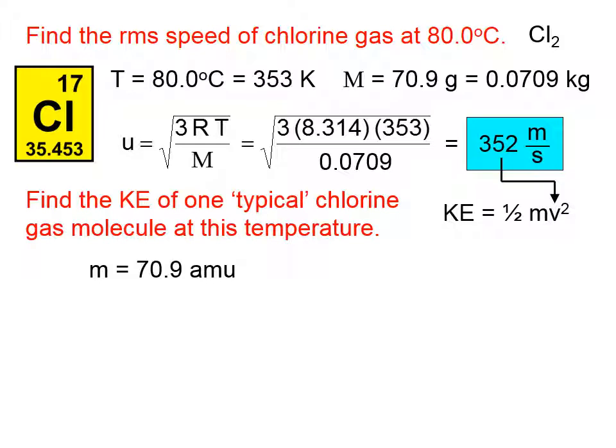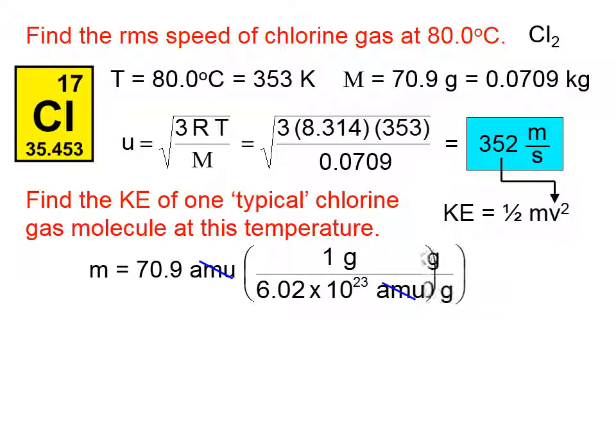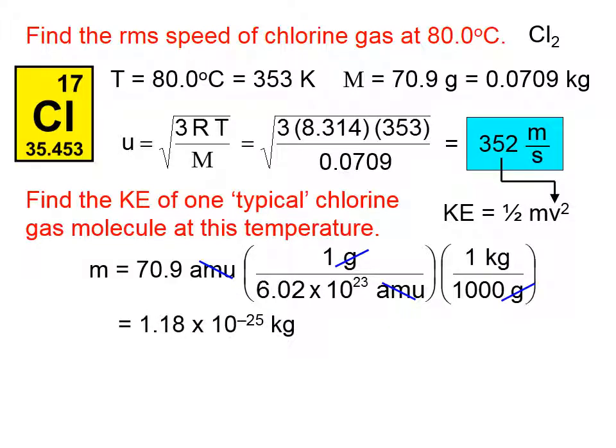One Cl2 molecule has a mass of 70.9 AMUs. We know the conversion between AMUs and grams, and in order to use that kinetic energy equation, we can't have grams, we have to have kilograms, which gives us that many kilograms for the mass.